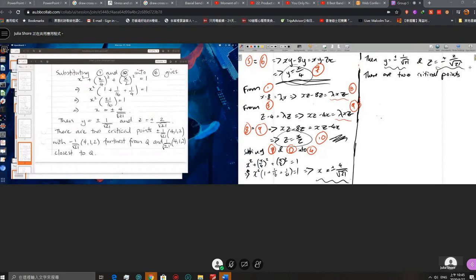If this equation had an x squared in it, then x can be this or this, and there could be 2 values of y. But here each x value corresponds to 1 y value and 1 z value. It's just something to keep in mind. So plus or minus 1 on root 21, outside 4, 1, 2.